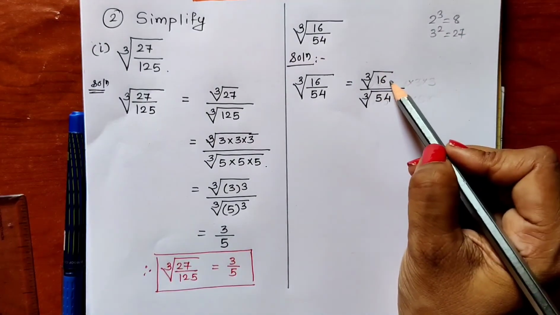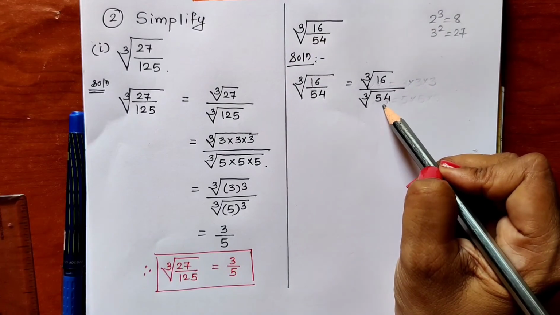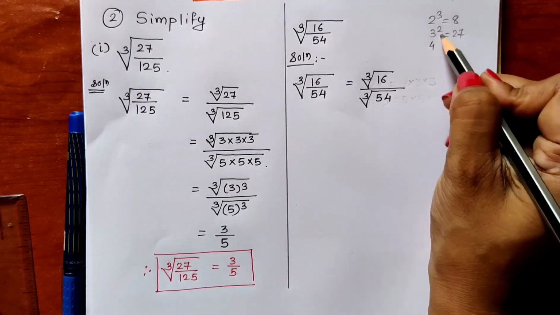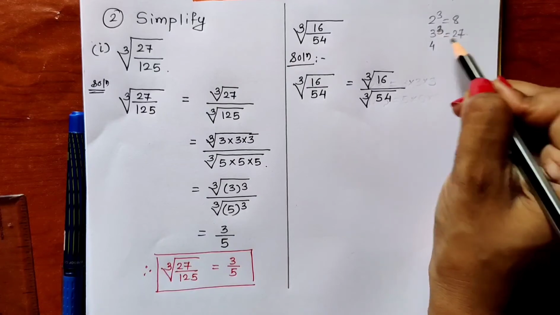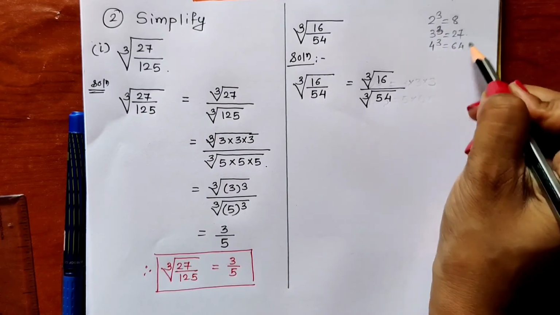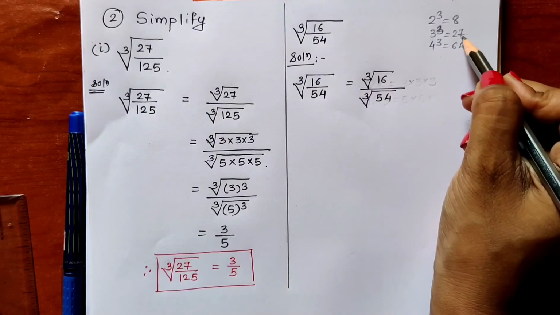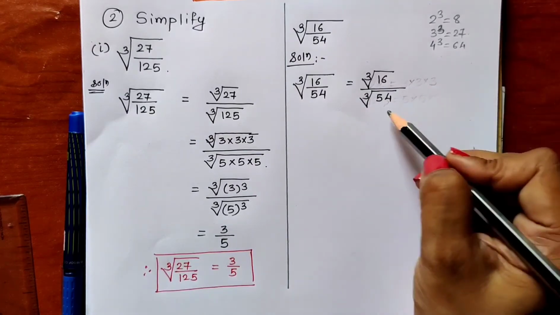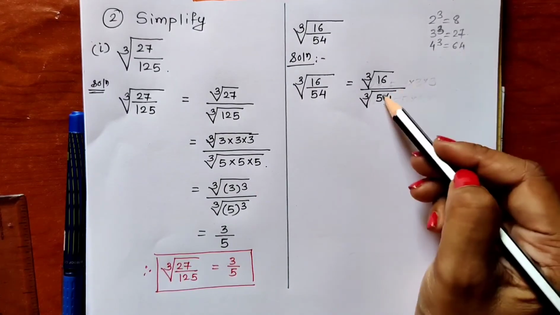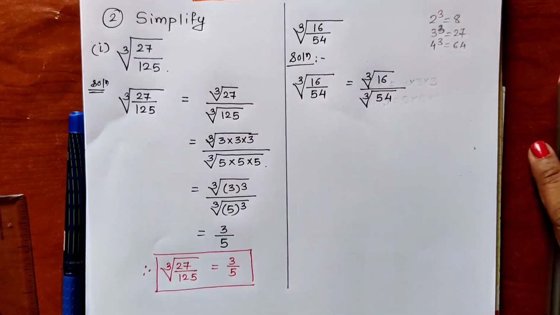Similarly 16 is not cube of any number. 54 is also not the cube of any number, because 3 cube is 27, 4 cube is 64. So between 27 and 64 the numbers are not cubes. 54 is between 27 and 64, so 54 is also not a cube of any number.